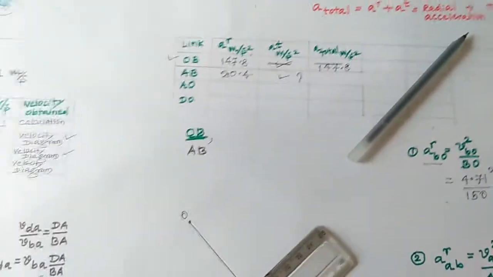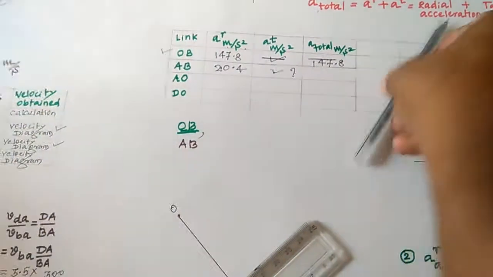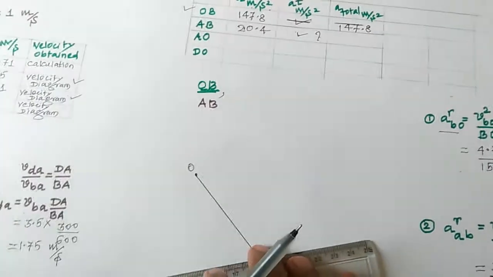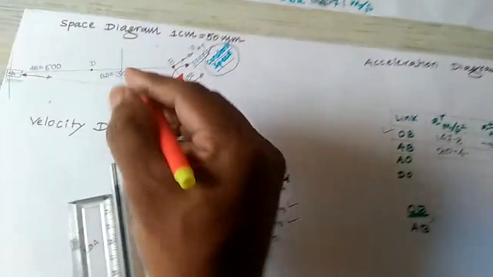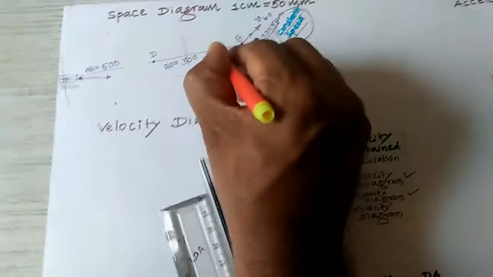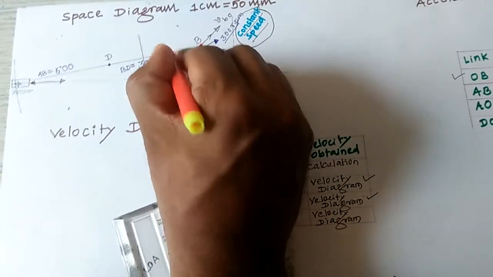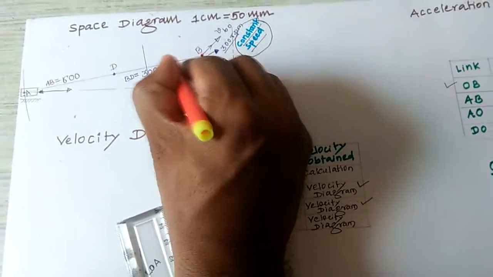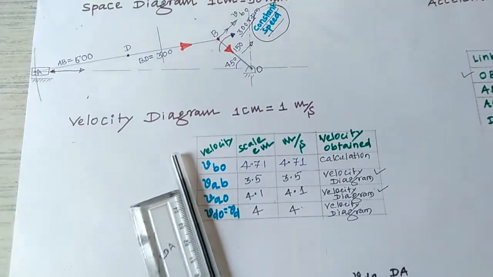Radial is important now. I'll draw the radial acceleration. For the direction, look at this one. Acceleration of A with respect to B, you have to draw in this way. I am drawing the radial direction in red color.